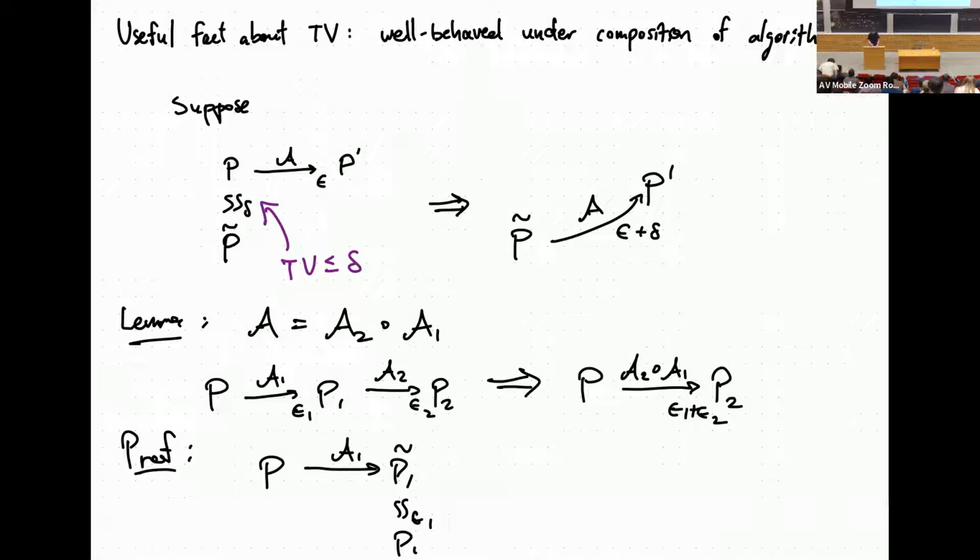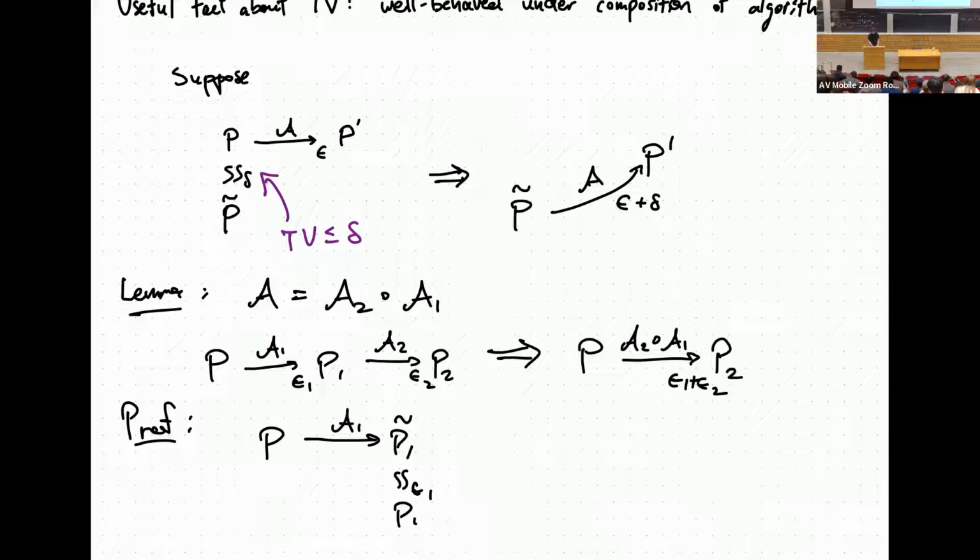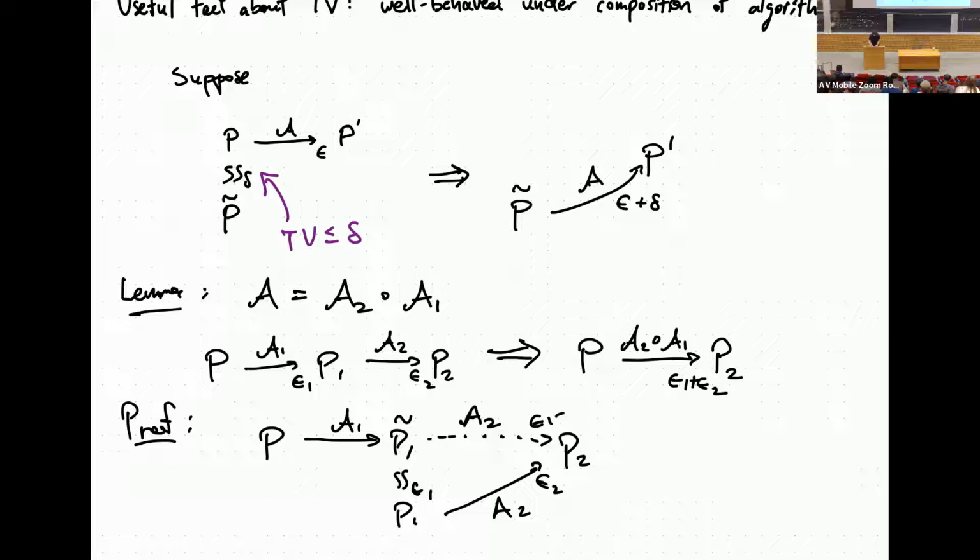Okay, but then we can look to the upper half of the screen and we see that A2, well, again, this is part of the assumption here, that A2 maps P1 with error epsilon 2 to P2. And then we conclude here that A2 maps P1 tilde to P2 with error epsilon 1 plus epsilon 2. Right, so that's the proof of the lemma.